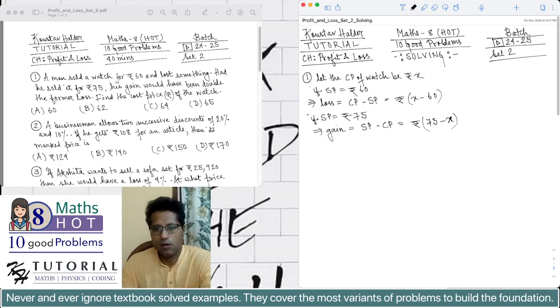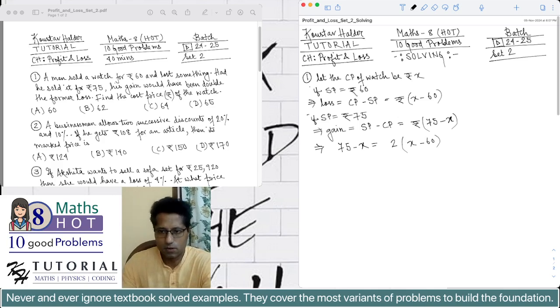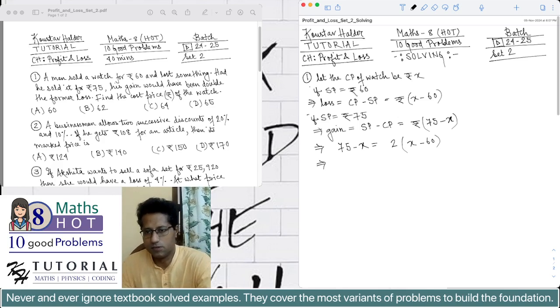Now it is given that the gain when the watch was sold for rupees 75 is 2 times the former loss. So we can say that 75 minus x is equal to 2 times the loss. The loss is x minus 60. So we got a simple linear equation in x and we can easily solve for x.